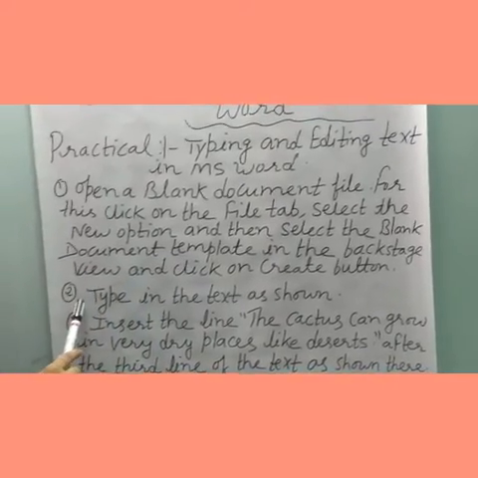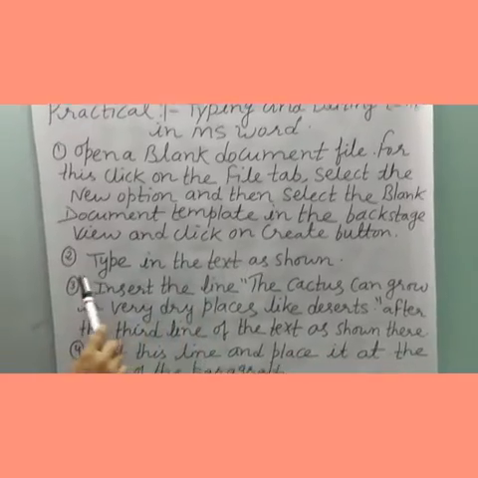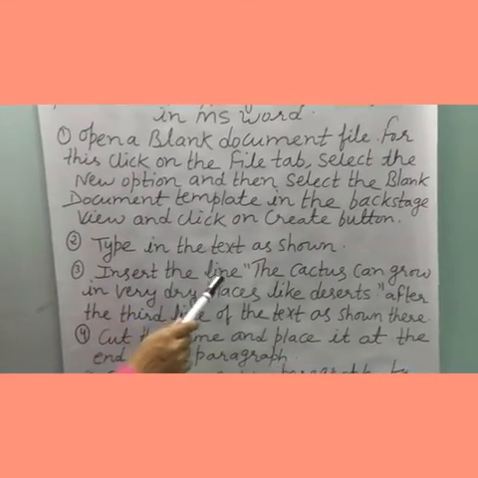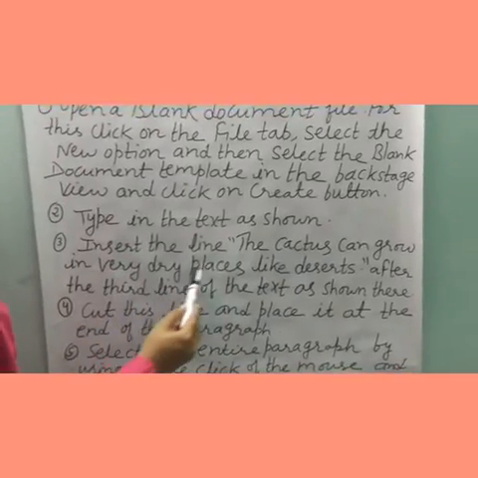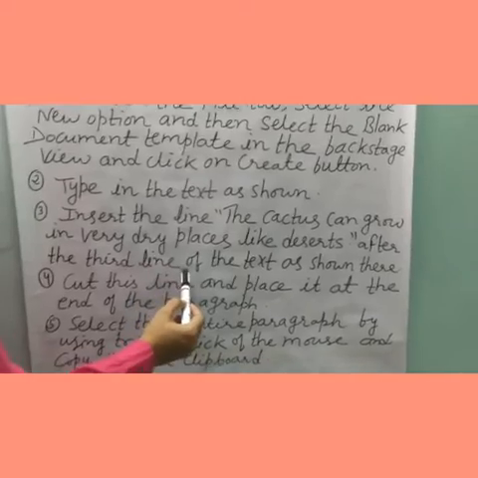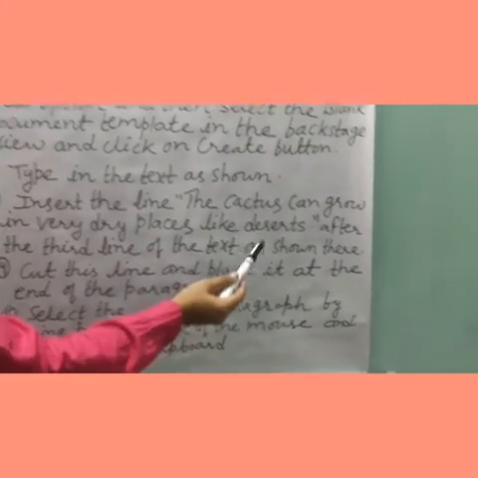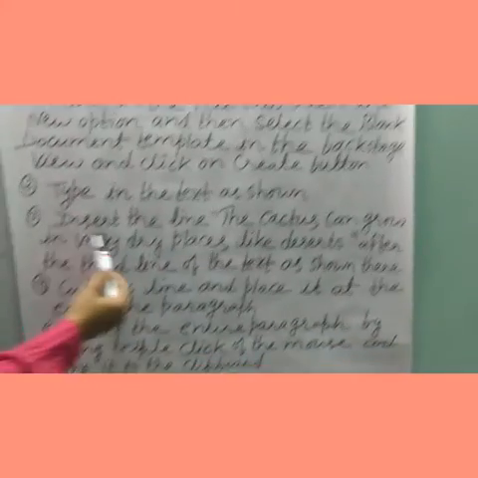Now, come to the second step. Type in the text as shown. Third, insert the line "The cactus can grow in very dry places like deserts" after the third line of the text as shown there. So it's a change of editing in the third step.